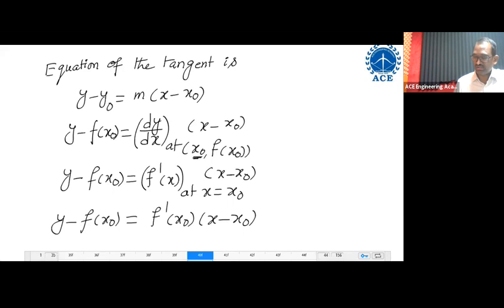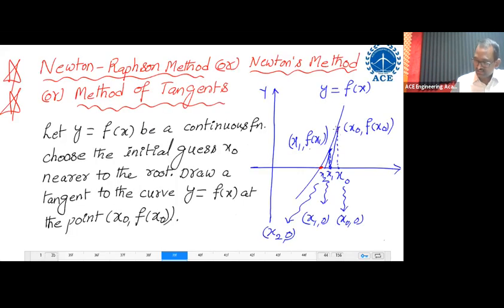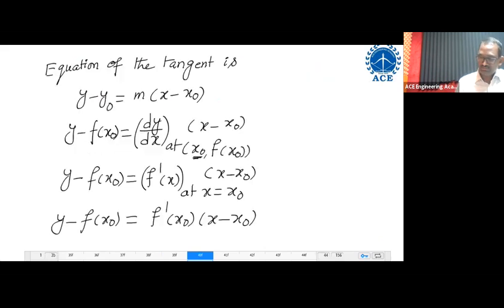But one thing you remember, this tangent touches the x-axis at which point? x1. Means what? x1 comma 0. This tangent touches the x-axis at x1 comma 0.